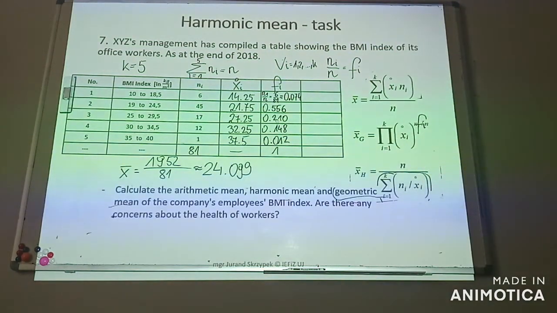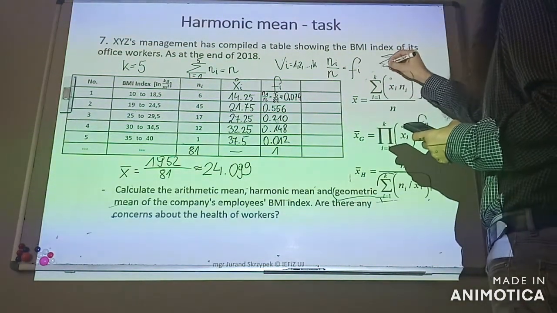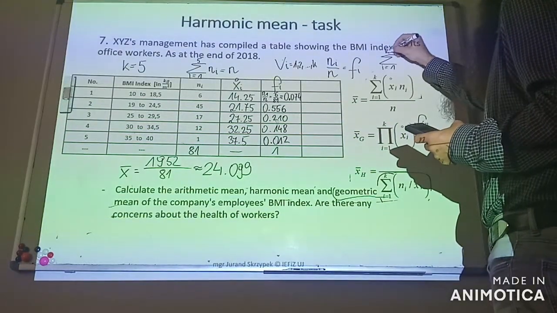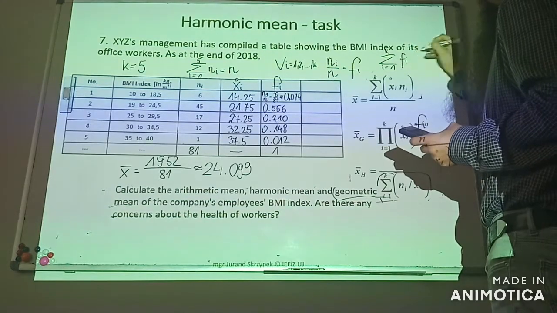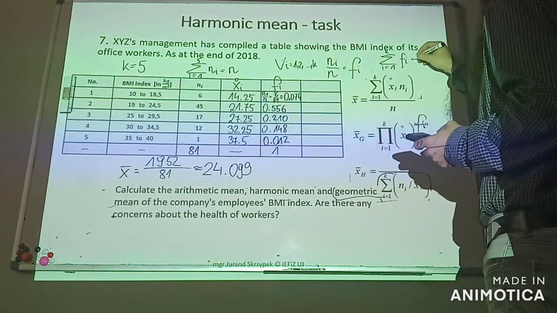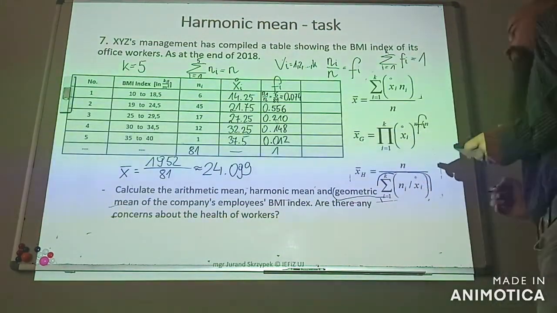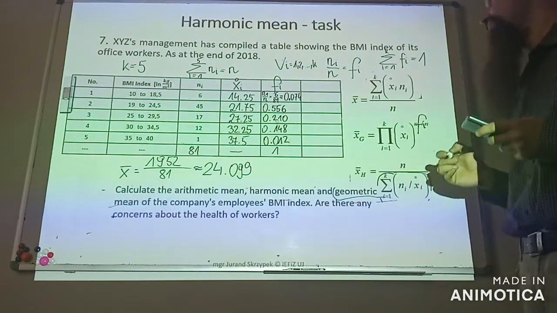And of course the sum of that column is equal to 1, because the sum from i equal 1 up to k of the relative frequencies always equals 1.